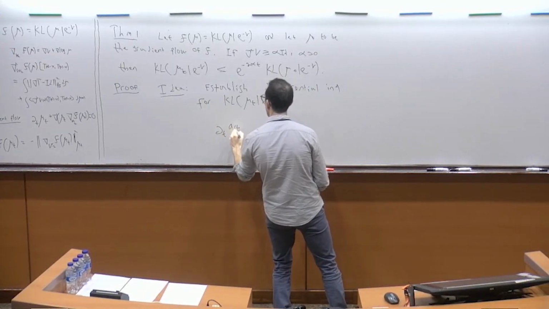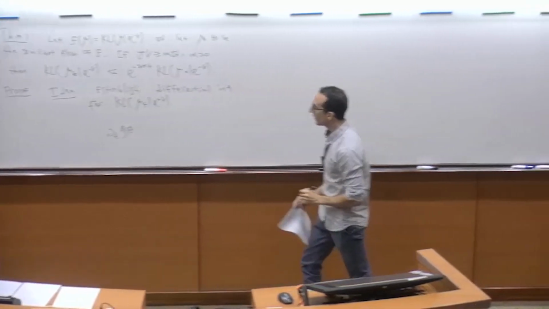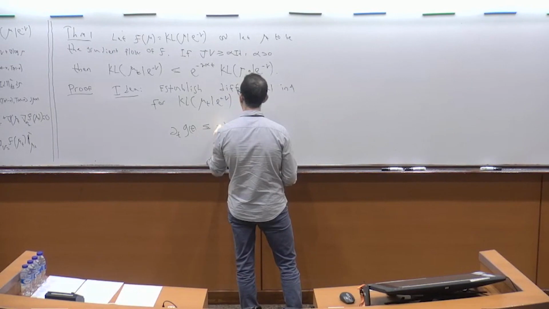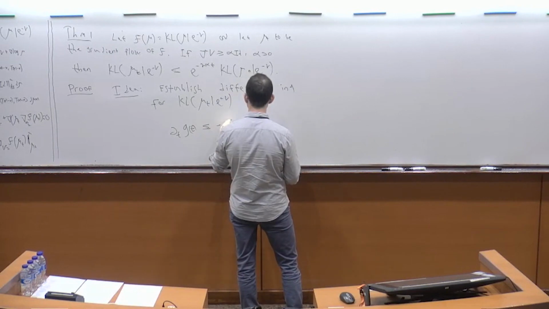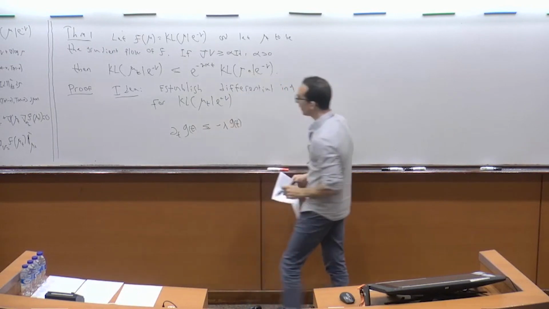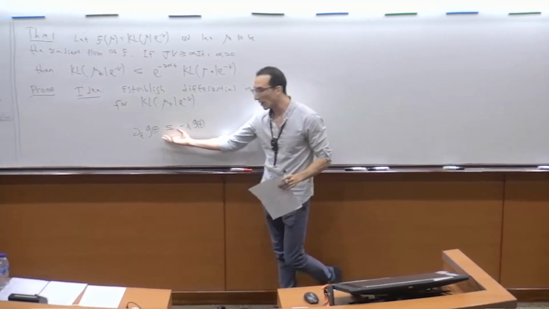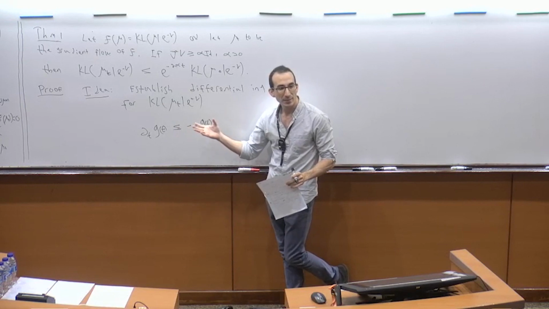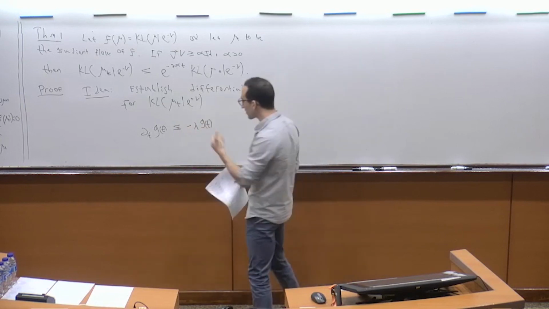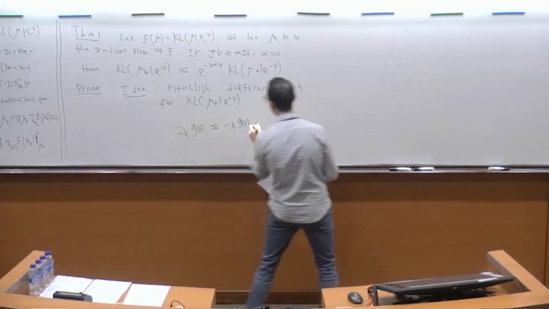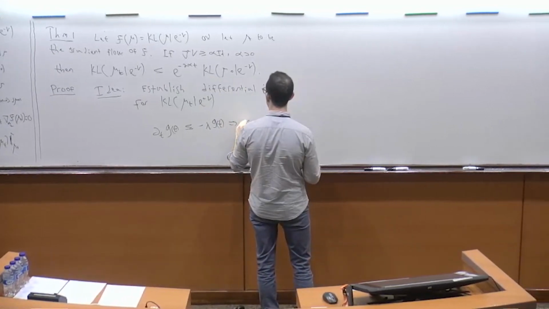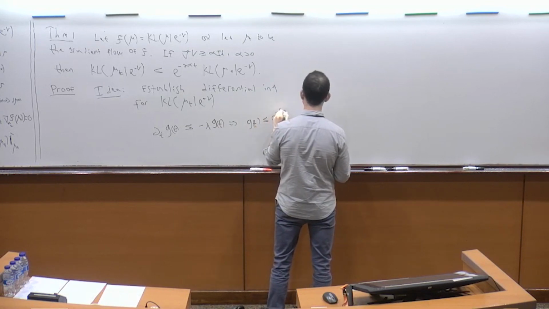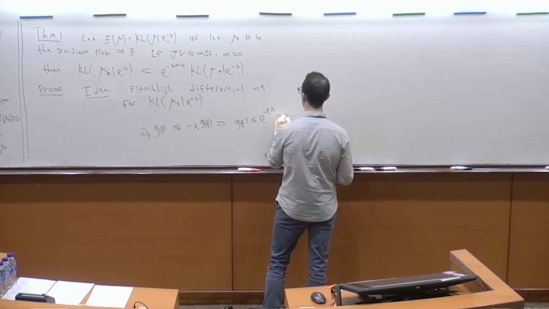But just imagine that you have a function g on Rn, and you know that its derivative is upper bounded by minus lambda times the function itself. If we had equality, this would just be some ODE. We don't have equality, we have inequality. But for our purposes, this is just as good, because once you have a differential inequality like that, you can conclude that g of t is upper bounded by e^{-t lambda} g of 0.